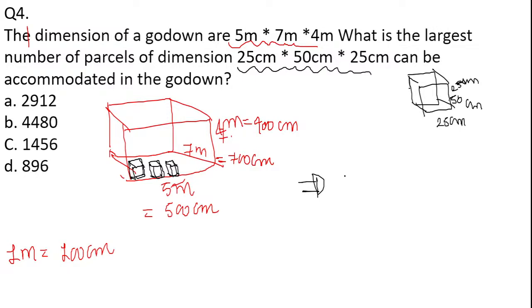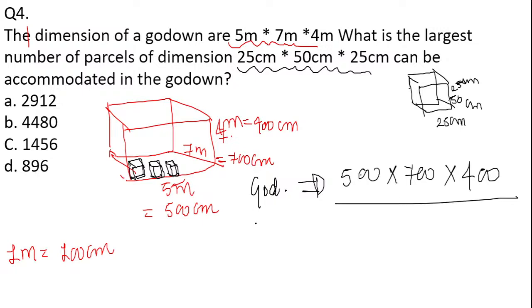To understand that, first thing, the godown size is 500 into 700 into 400 divided by the size of the parcel, which is 25 into 50 into 25.